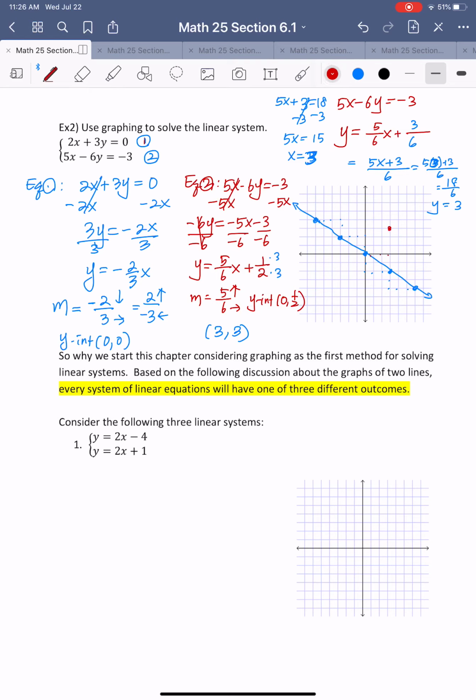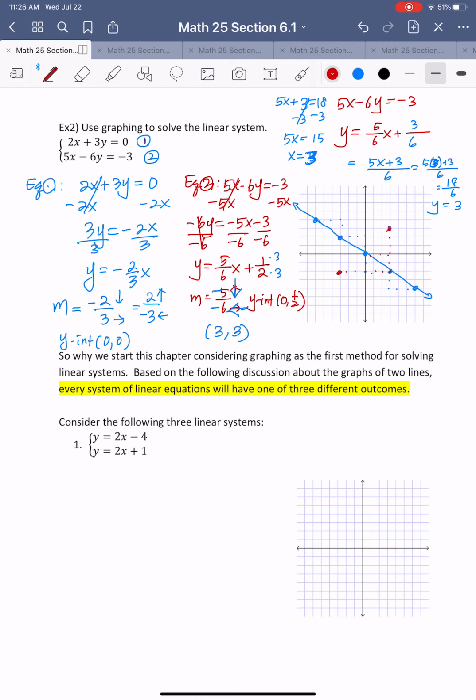And then I go up 5 and right 6, but I don't have much space here, so I need to put it as a negative. That's the same thing as 5 over 6, right? So instead of going up and to the right, you go down and to the left. From 3, 3, I need to go 1, 2, 3, 4, 5, and then 1, 2, 3, 4, 5, and 6 right here.